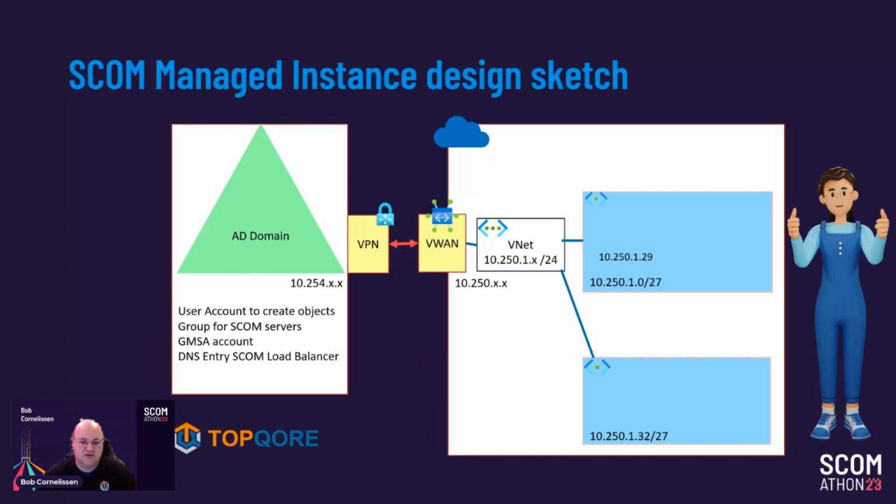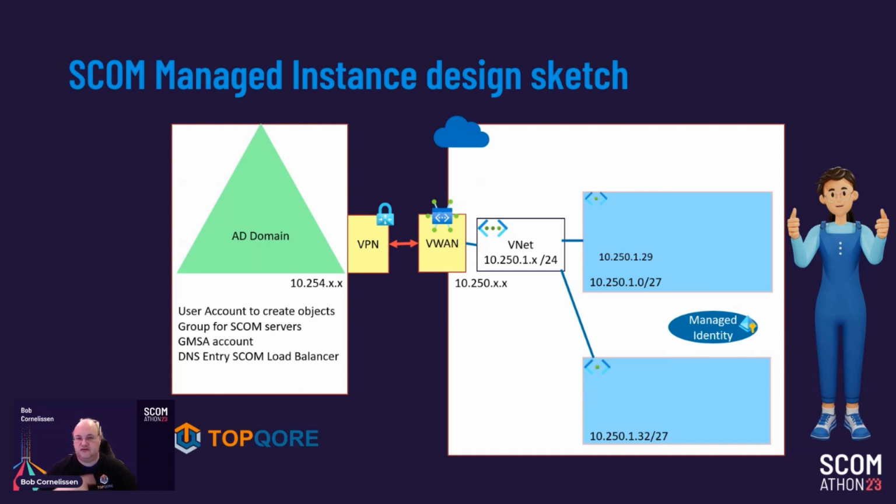Next, we move towards the cloudy stuff. What do we need in the cloud? We need a managed identity. I translate a managed identity like a service account, right? We need something in order to authenticate against SQL MI.